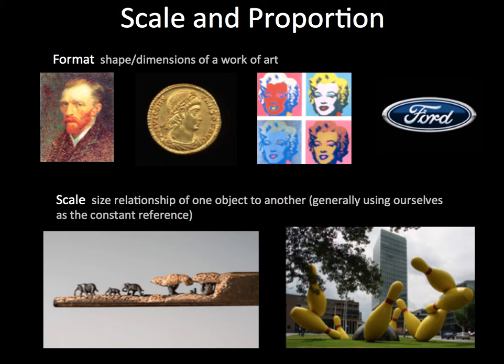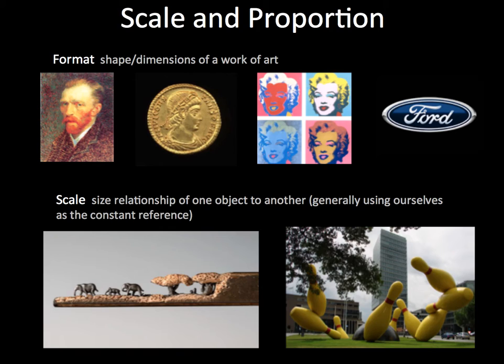For instance, 20 by 16 is a popular format, 20 inches by 16 inches. That would be a rectangular format. Maybe a square format might be 2 inches by 2 inches, or it might be 4 feet by 4 feet. The dimensions would be different, but the shape in that case would be the same. So you can use dimensions or shape to describe what the format would look like.